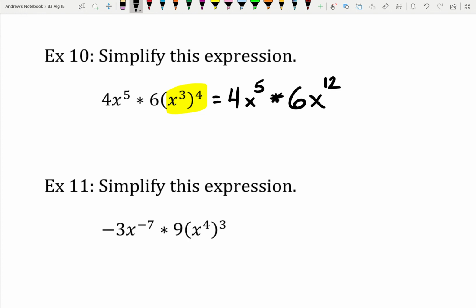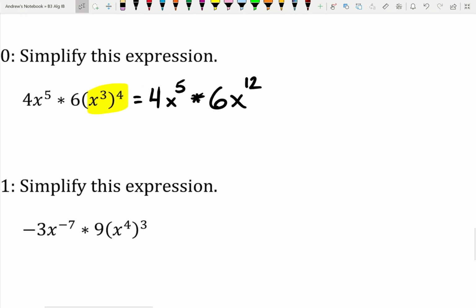Okay? So now, this problem looks a little bit closer to something we were doing in the last unit with polynomials. If I gave you a problem that looked like this, that's something that we started off doing when we were talking about the multiplying of polynomials. So it's going to be kind of the same deal as what we did back then. It just looks a little bit different because it's got that actual multiplying sign done out for us. What I'm going to do is multiply the pieces that go together.